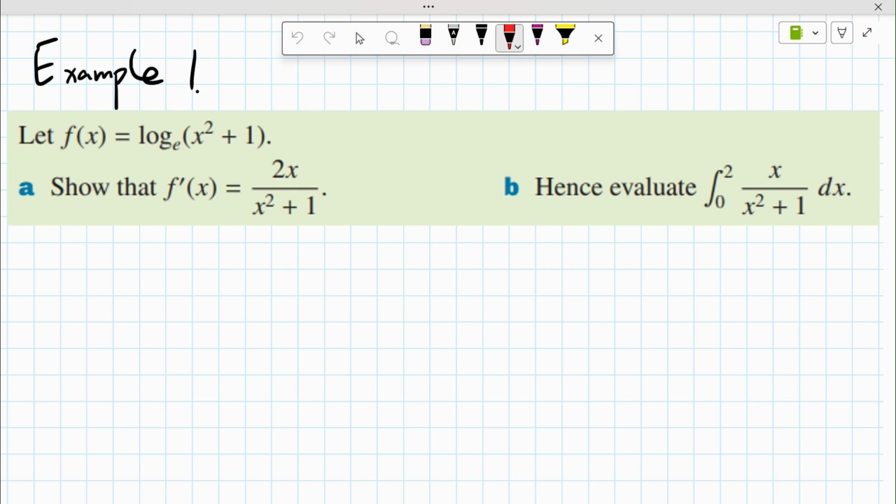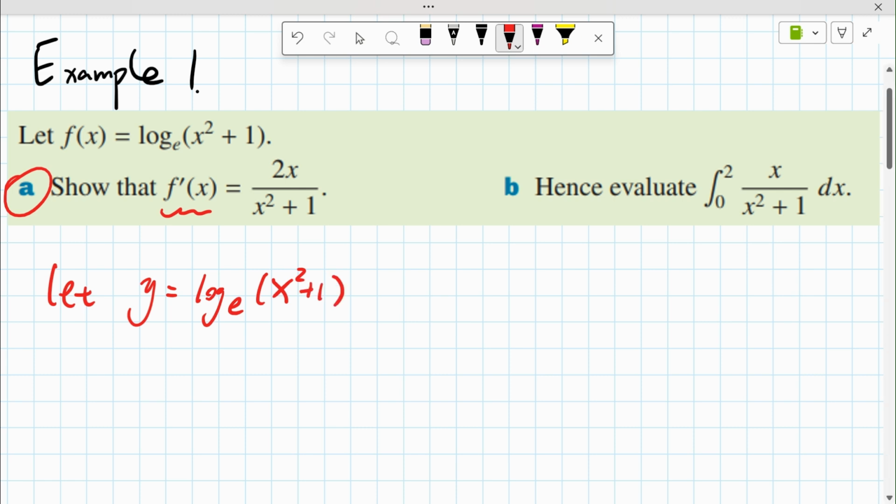First thing first, question A is asking us to show that the derivative of f(x), which is log e of x squared plus 1, is equal to 2x divided by x squared plus 1. So as we know, let y equal log e of u, and u equal x squared plus 1.